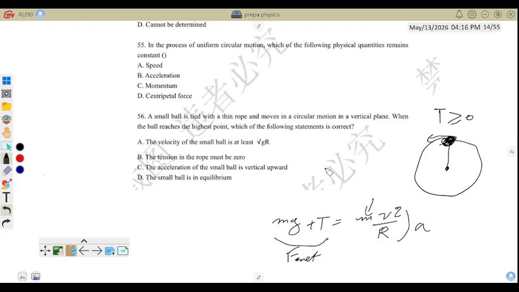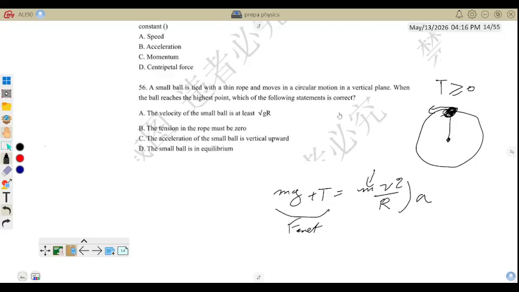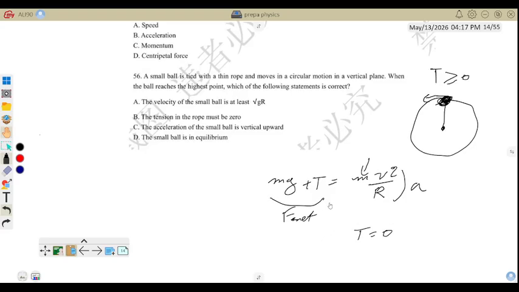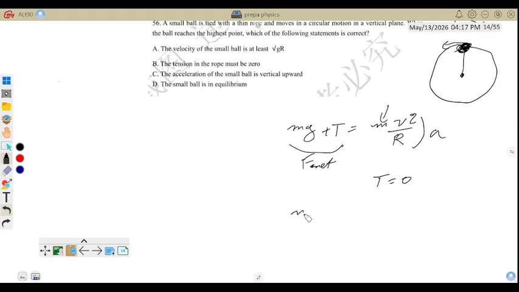So the minimum speed is when T is equal to 0. That means the tension in the rope is the minimum as well. In that case, mg equals mv squared divided by r.